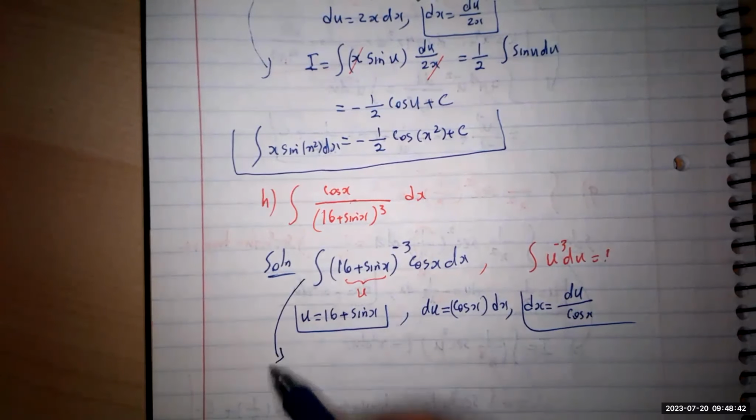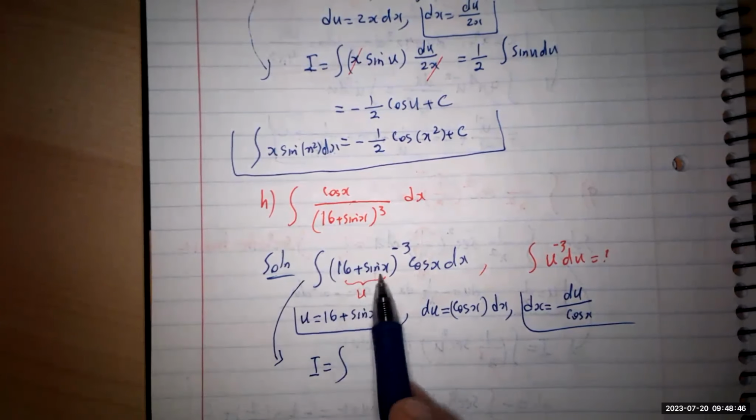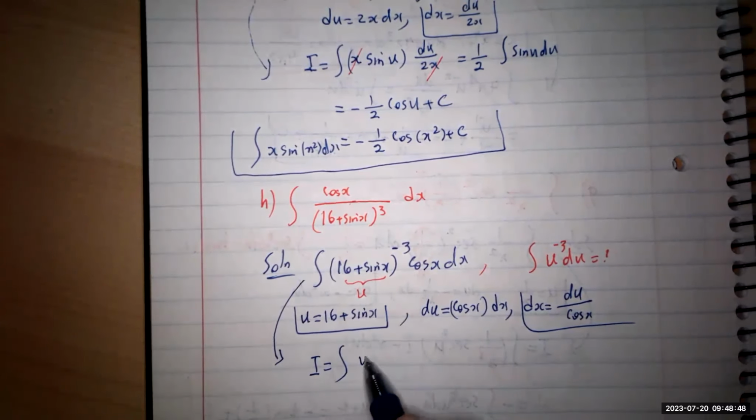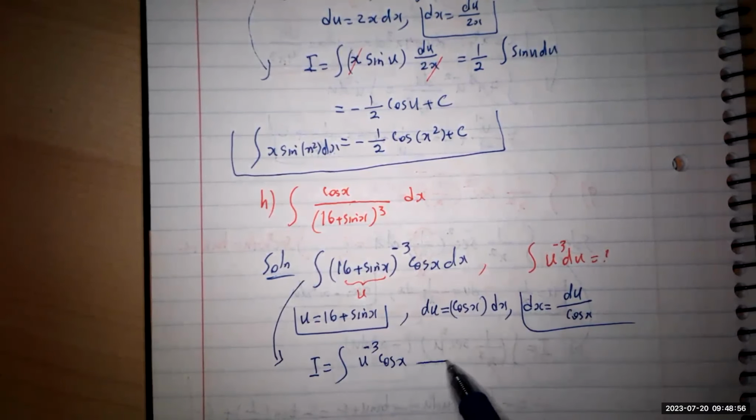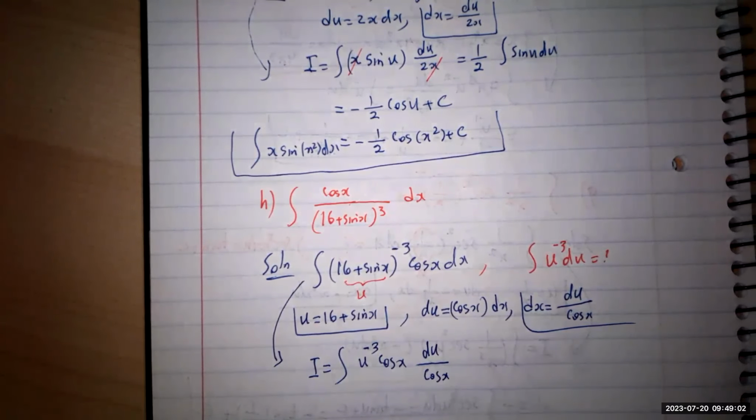Okay, move it down here. I equal to the integral of, this is simply u to the -3 times cosine x, times the dx. What is the dx? dx is du over cosine x. So these two would cancel out.